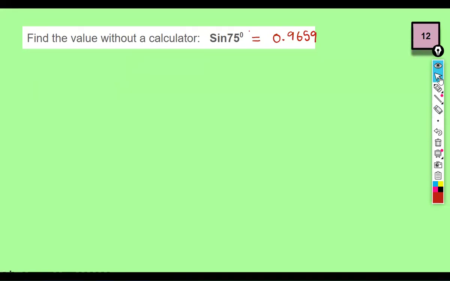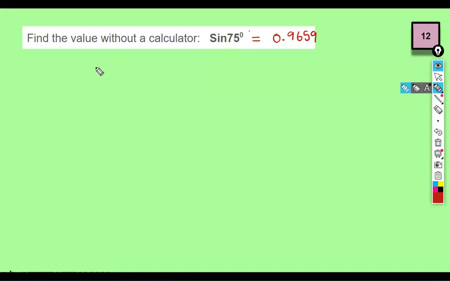Now, let's just say your calculator magically blew up and you had to figure this out. How many of you have literally no idea how to proceed with that question? To do these questions, the examiner will set it up in such a way that you have to use values from the table, normal angles like 30 degrees or 60 degrees or 45 degrees.